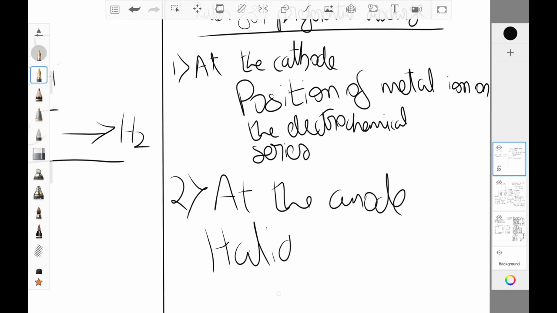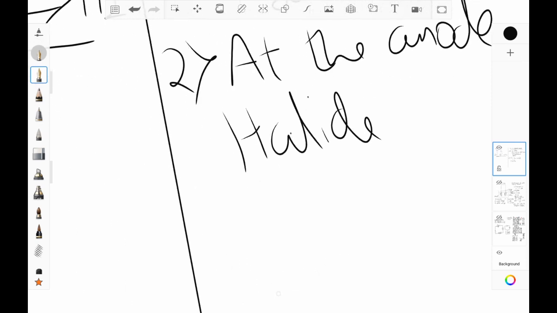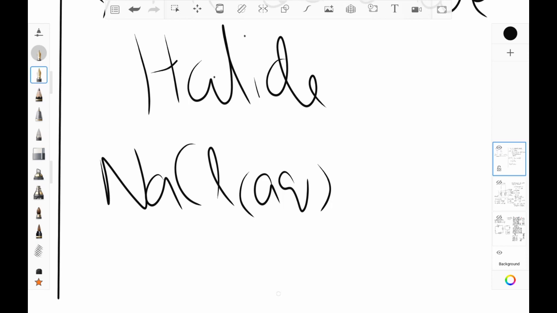A halide is any compound containing the ions of a halogen. What does this mean? In the case of NaCl aqueous, chlorine is a halogen, so an aqueous solution of sodium chloride contains chloride ions, and so this is a halide.